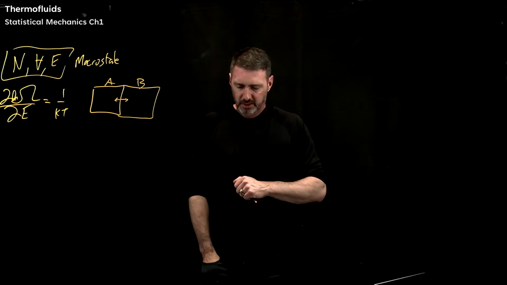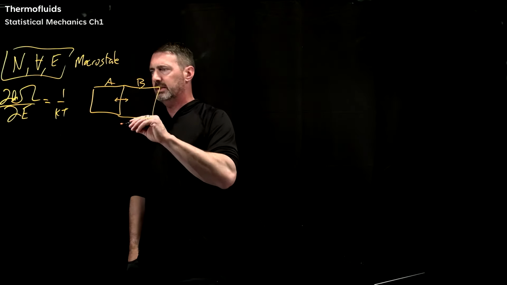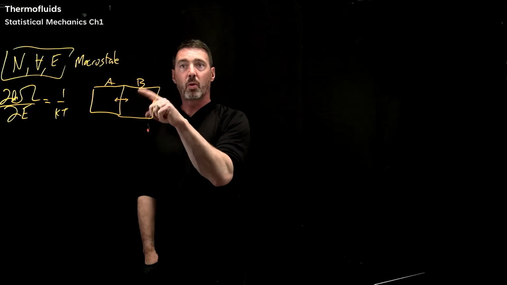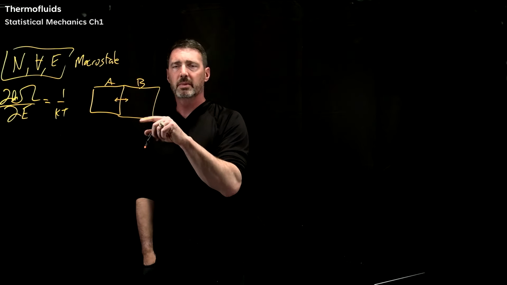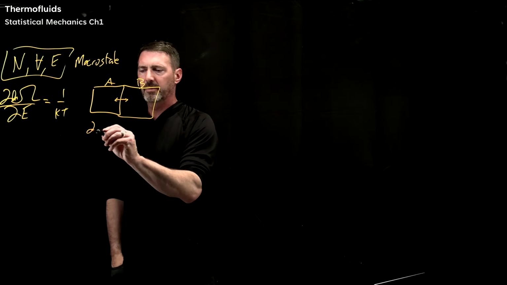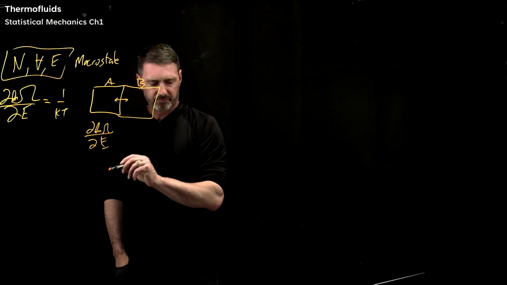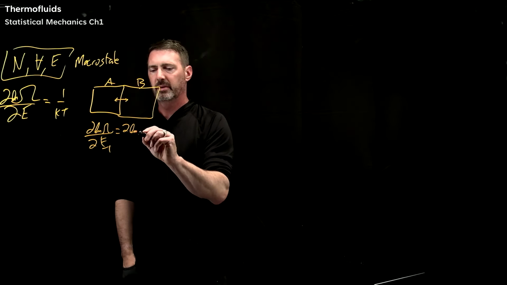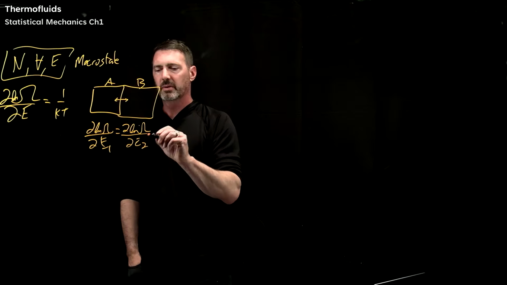When we look at the rate of change of the total system, the combined system A and B, the derivative of the natural log with respect to energy on 1, compared to the rate of change with respect to energy on 2, are going to be equal.